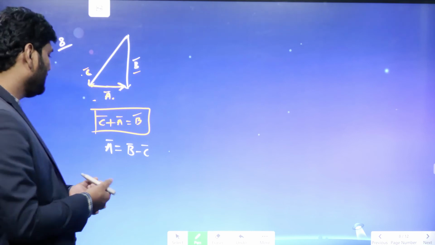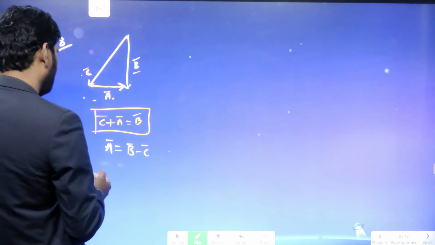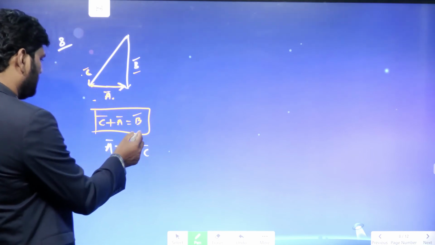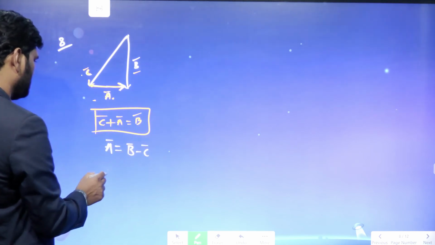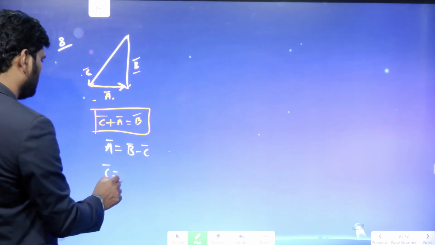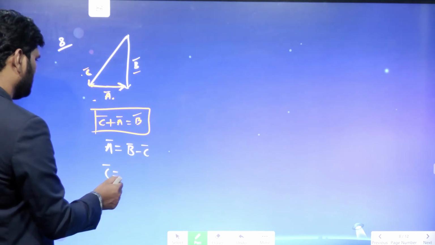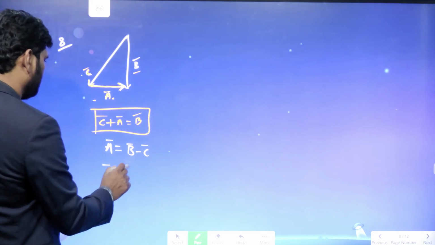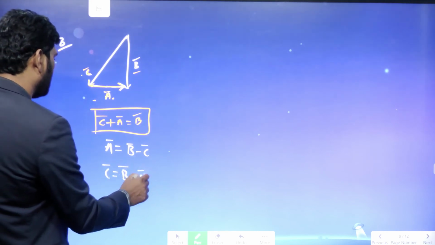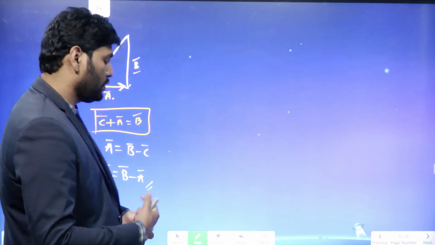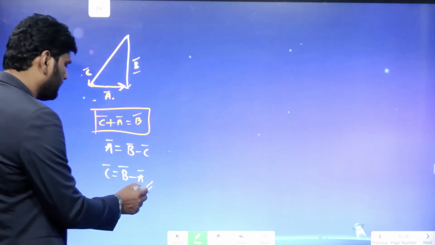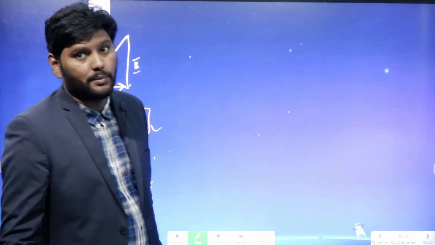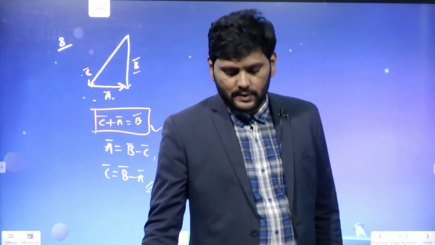Also, A bar plus C bar is equal to B bar, and C bar is equal to B bar minus A bar also, it is correct. This is a way we can also represent it. So that way we'll have the answers.